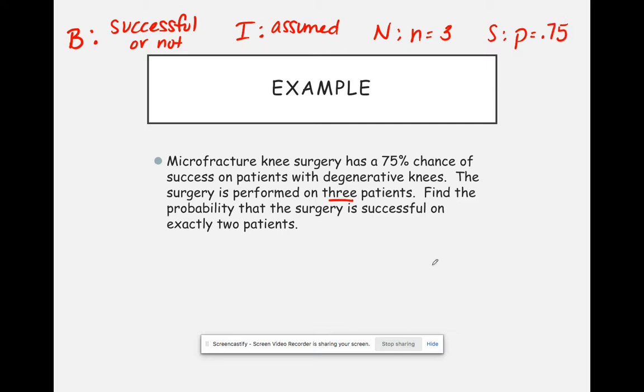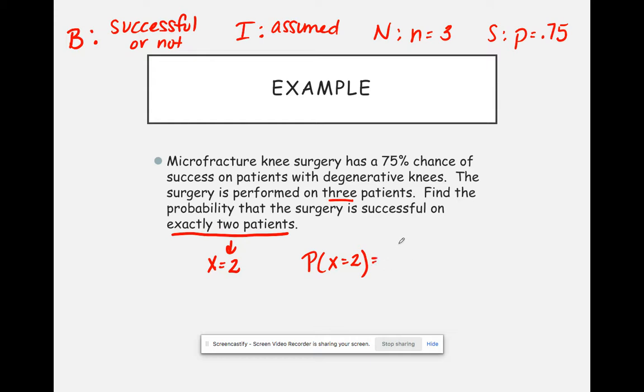So now we can find the probability that the surgery is successful on exactly 2 patients. So this is going to be our X. We want to know successful on 2 out of those 3 patients. In order to do that, we can use the probability formula for binomial distributions that was on the previous slide. We're going to find the probability that X is equal to 2.